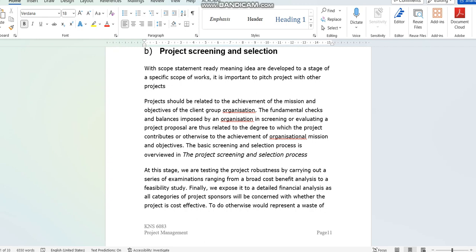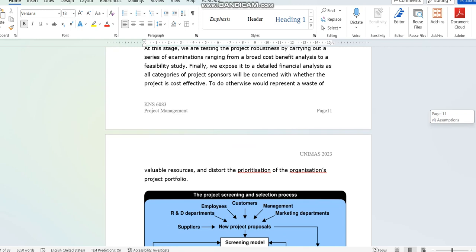So this part here, we call it project screening. Which of these projects will actually provide the best benefits to the company? Which of these projects will actually provide the best value for the money that the client has in order to embark? Some may be a fantastic idea, but they don't have the kind of funding, you see.